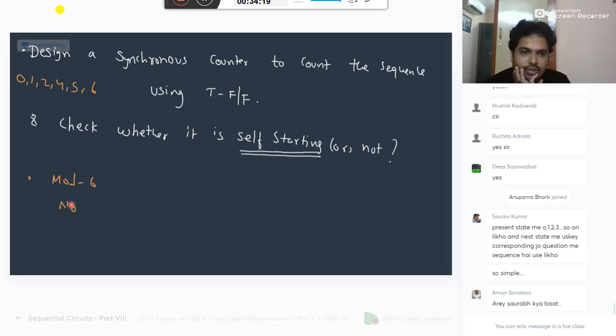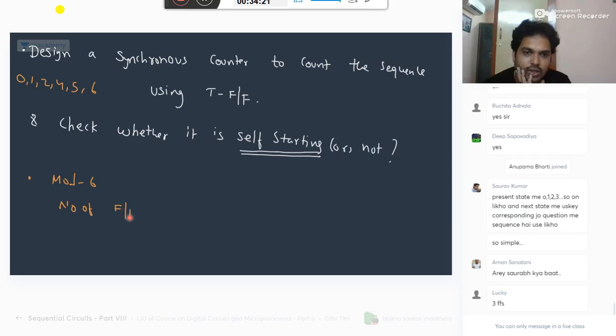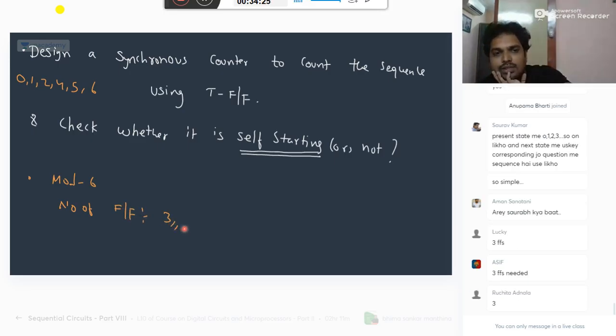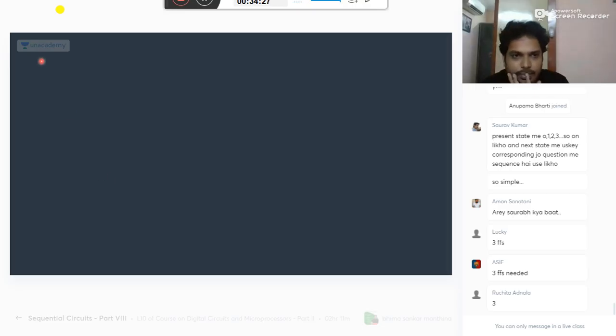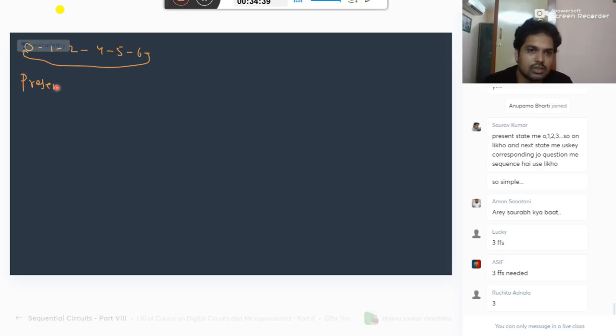Mod 6. What is the number of flip-flops you want to take? 3 flip-flops. Okay, so now let's design this. What is the sequence? 0, 1, 2, 4, 5, 6, and again 0. So here, what is the present state?